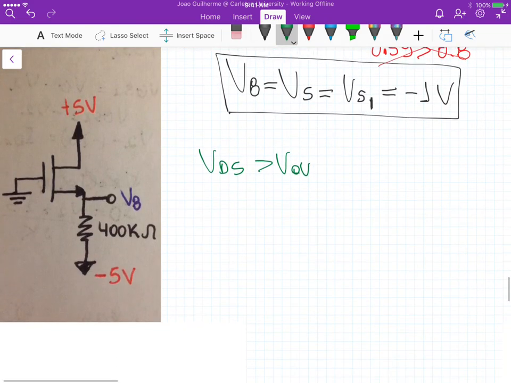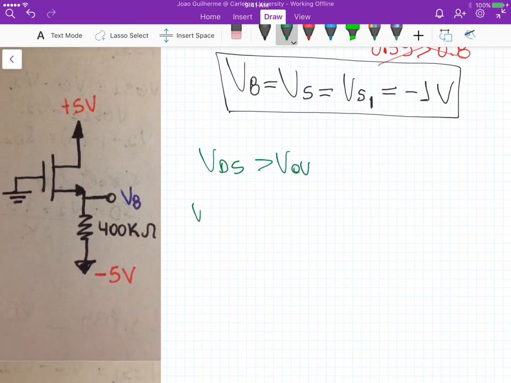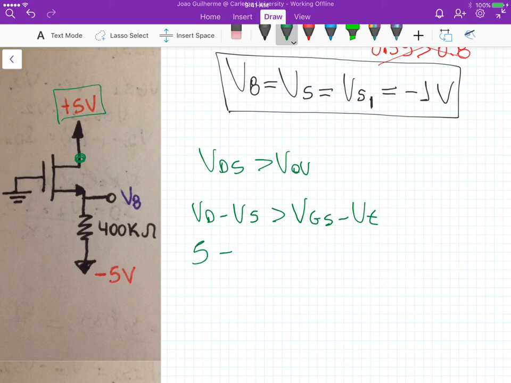We can calculate it here. So we have VD minus Vs greater than VGS minus Vt. VD we know is 5, it's connected directly here. So it's 5 minus Vs, which is V8, so minus 1, should be greater than VGS, so Vg is equal to 0.